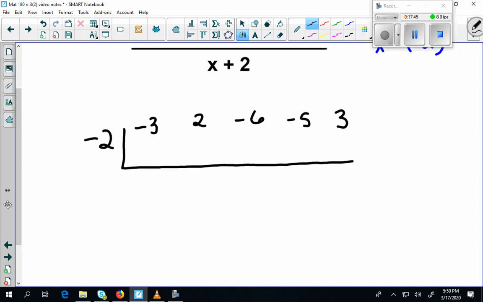So first step, negative 3 comes straight down. Negative 2 times negative 3 is positive 6. I want to add 2 plus 6 is 8. Next step, multiply. Negative 2 times 8 is negative 16. Negative 6 plus negative 16 is negative 22.